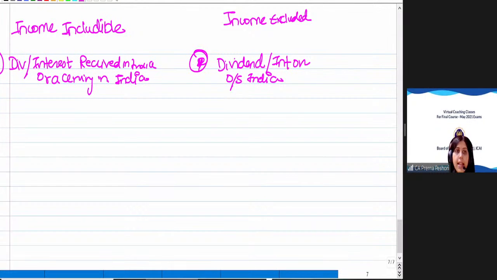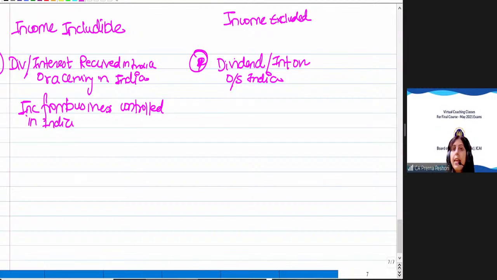Next, what else you will include is income from business controlled in India, set up in India.